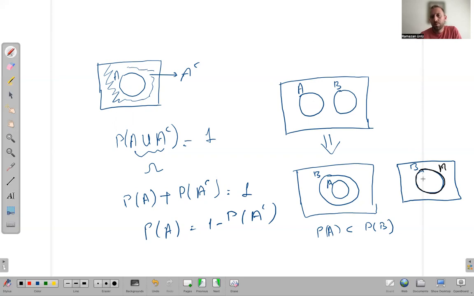So that's why the probability of B and A will be equal. Okay, so you can prove this property by using just the Venn diagrams.